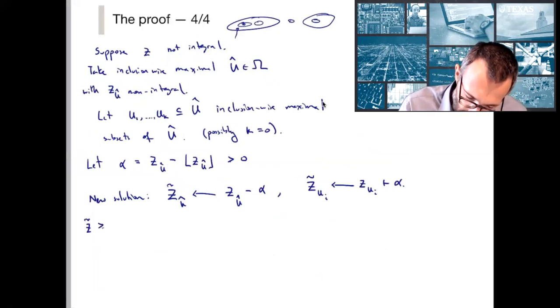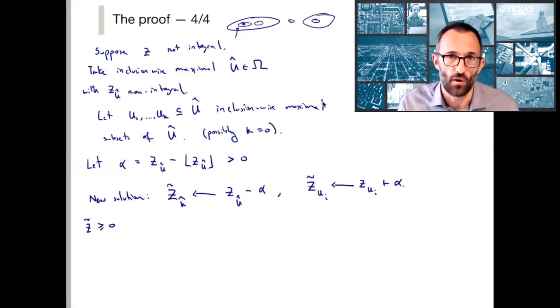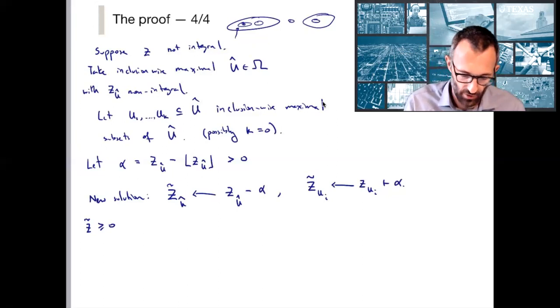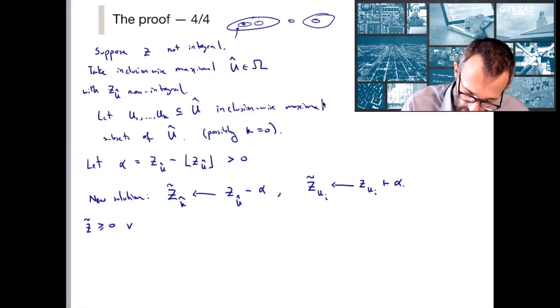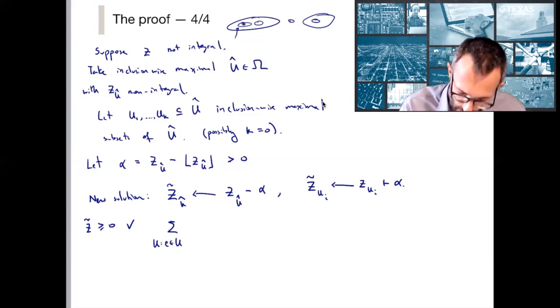So z tilde, and it goes without saying that all other z's just inherit the same value. So this allows me to complete the solution z tilde. Z tilde is certainly greater than or equal to 0. And also, you can see that the sum over all u such that e is an element of u, and again, u is odd cardinality greater than or equal to 3, z u tilde is greater than or equal to w e for every e.